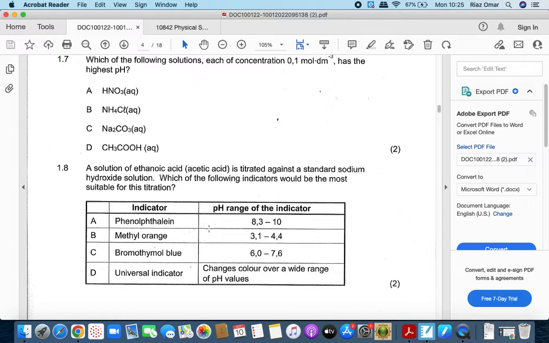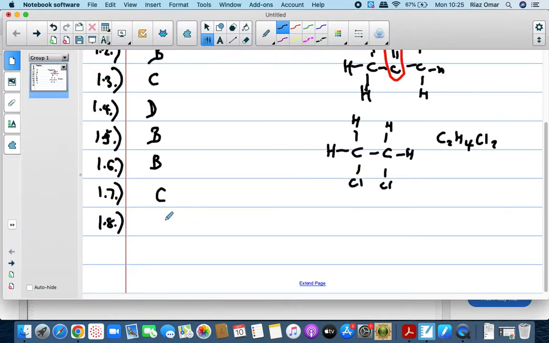Looking at the answers given, phenolphthalein, methyl orange, bromothymol blue, universal indicator, the one closest to 8 is phenolphthalein. So the answer for 1.8 will be A.